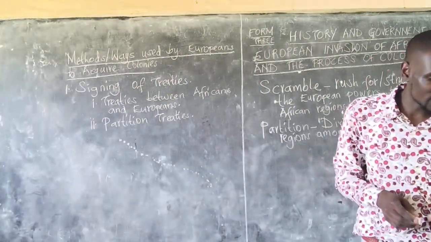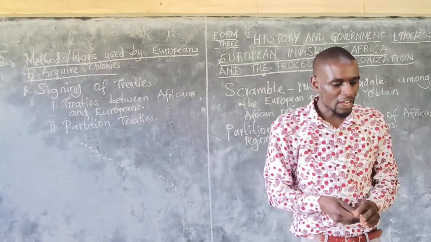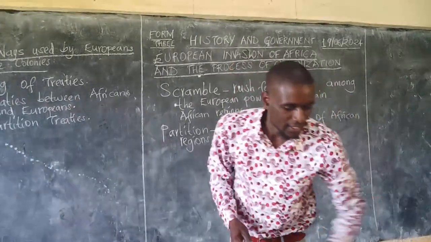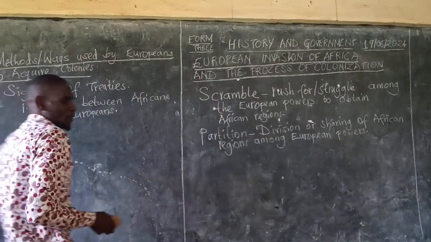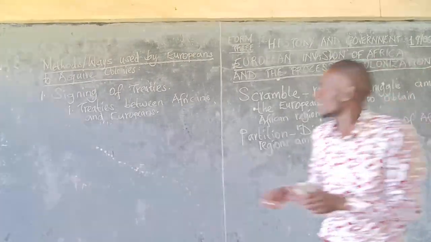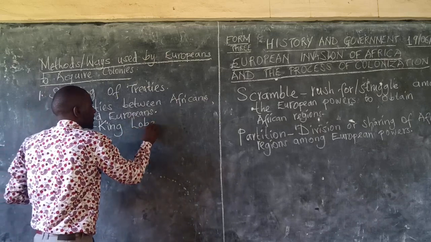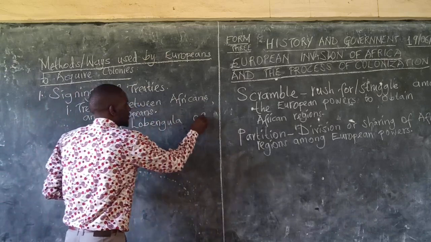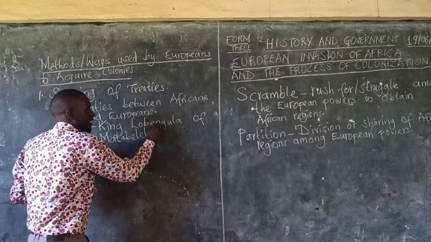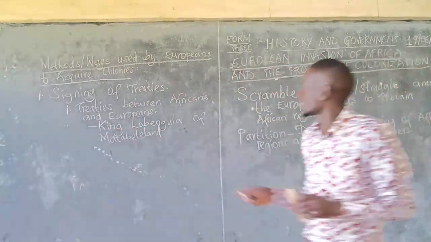Now, we'll look at various examples of these treaties signed between the Africans and Europeans and the Partition treaties. One example of the treaties signed between the Africans and the Europeans was the treaty signed between King Lobengula of Matabeleland and the British South African Company.